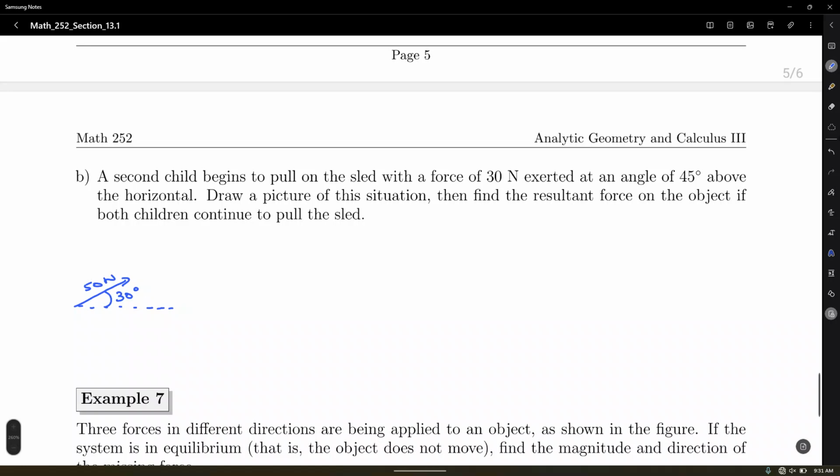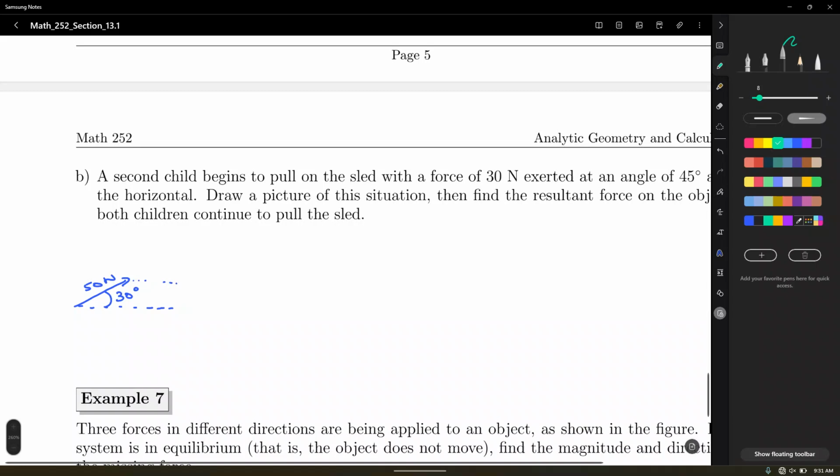So I'm going to have another horizontal here, and I'm going to do the 45 degrees, with 30 newtons, right? So they're asking us to find the resultant force, that is, this total force, by adding the two vectors together.